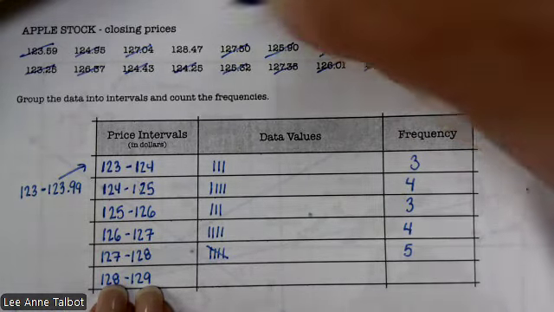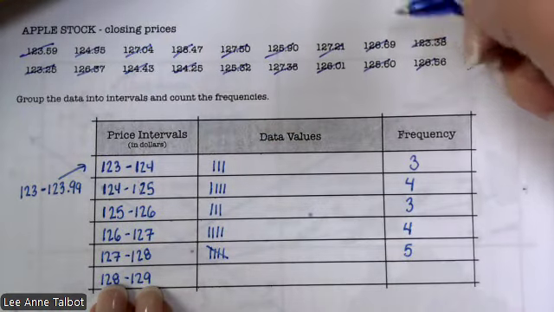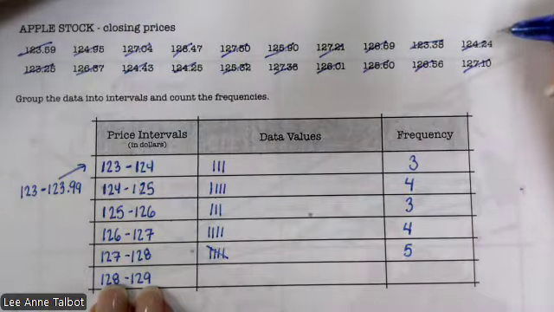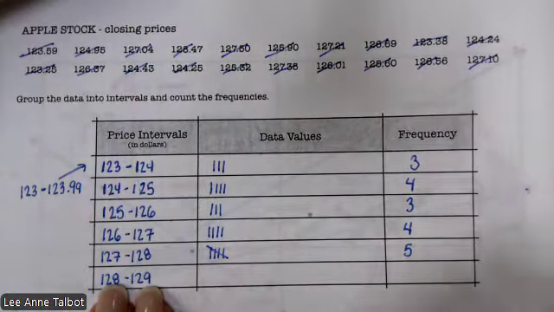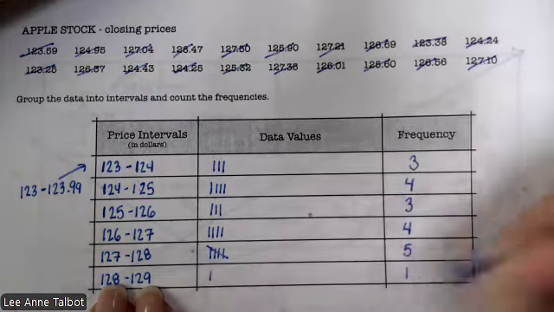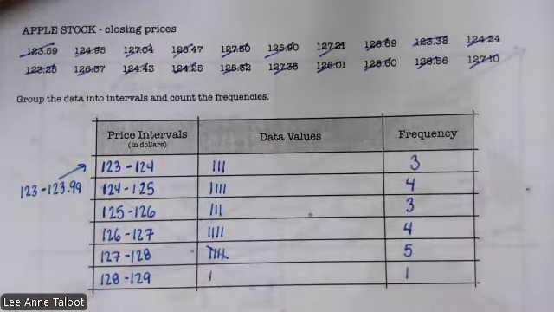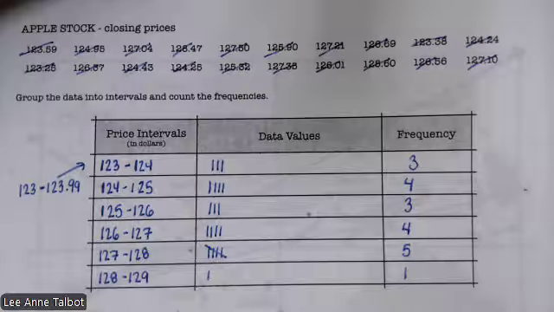And then the 128s. 1. Just 1? Okay, are there any questions about how I got the values in this table?